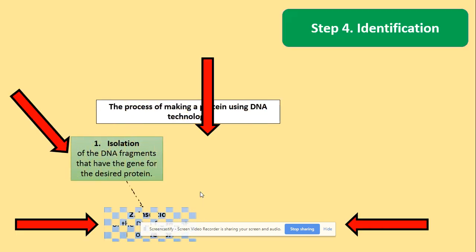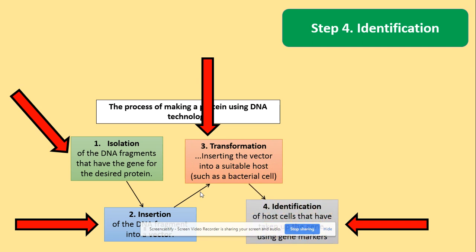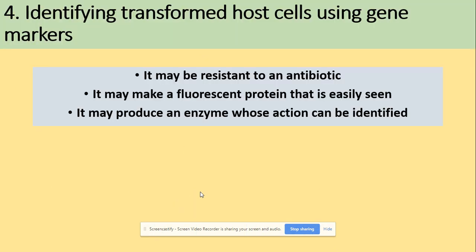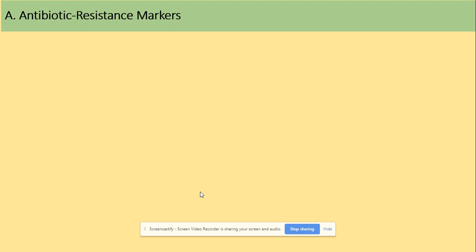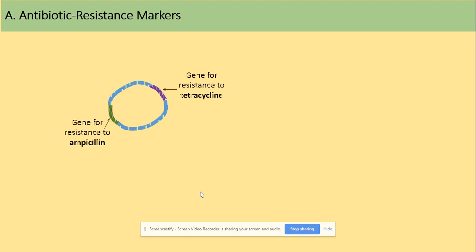Finally, identification. We need to now check if this host cell has taken up the plasmid. We can do it in three ways. We can use resistance to antibiotics, we can use fluorescent proteins, and we can use enzymes. So have a look at the antibiotic resistance first. What do we need to remember? It's the fact that a plasmid can carry at least 2 genes for resistance to antibiotics.